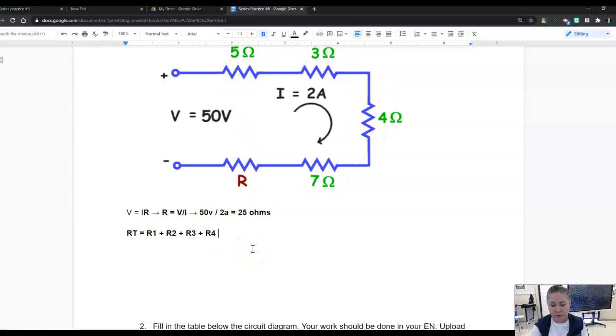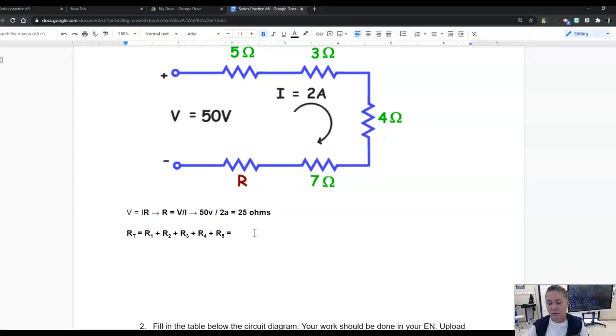Plus R4 plus R5. If you shift over a character, you can do Control comma to subscript if you're typing. You should be handwriting. It helps with your fine motor skills and your connecting and memorization.